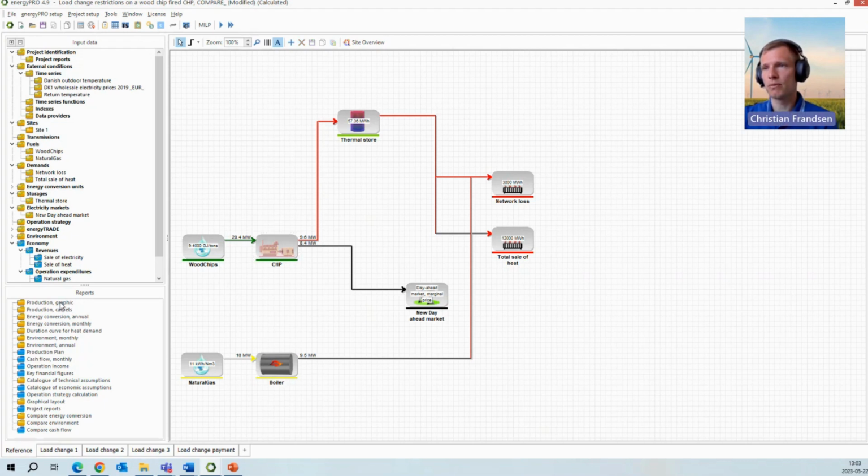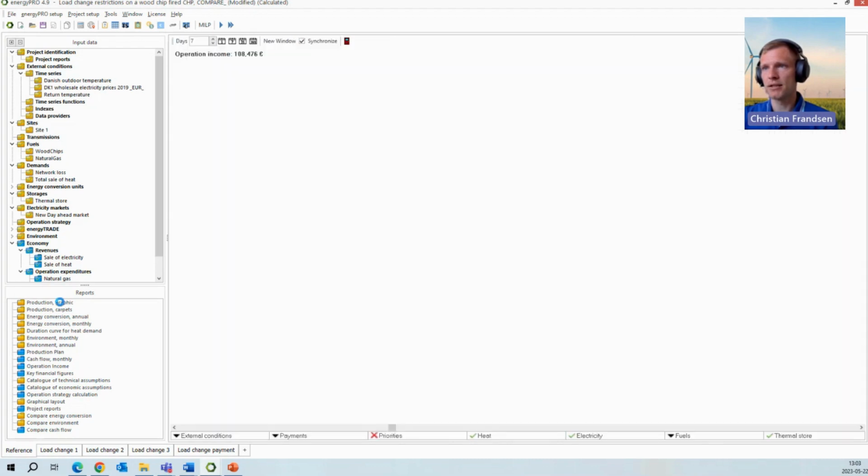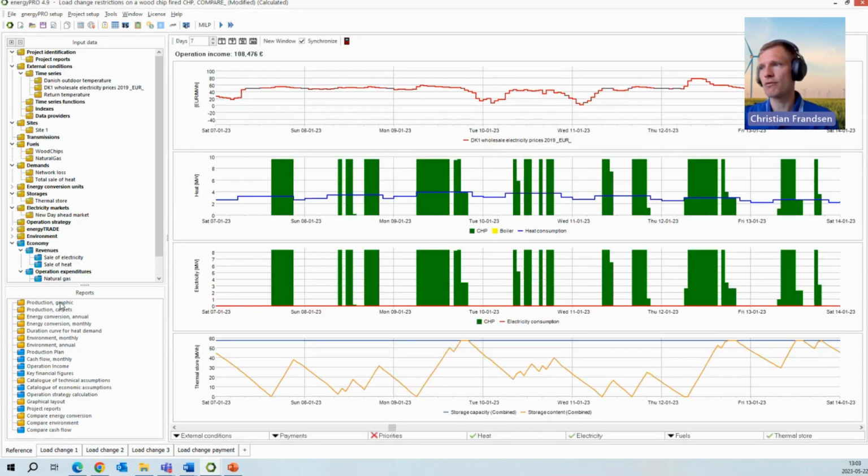And if we just quickly look at the operation without any load change restrictions, we can see that the wood chip fired CHP is running a lot on and off, and the purpose of this example is to illustrate how we can avoid these many fluctuations.